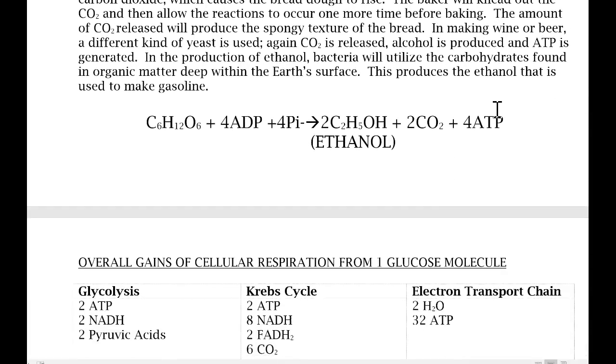When we look at the alcoholic fermentation process, it's the same thing, just a different place where it's happening. The above one was happening in the cells. This is happening in industry and baking. Here's that glucose molecule, the same 4 ADP and independent phosphate groups, but instead we get ethanol, carbon dioxide as a byproduct, and 4 ATP.